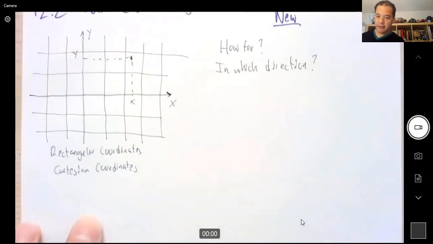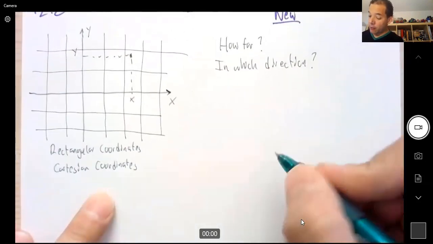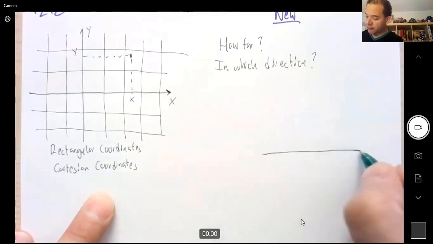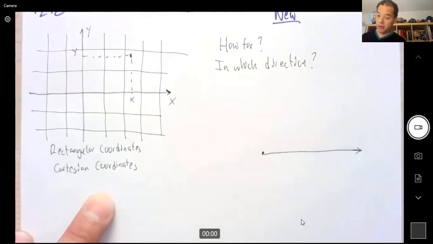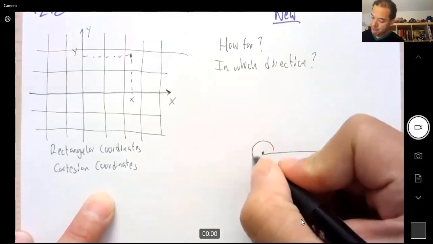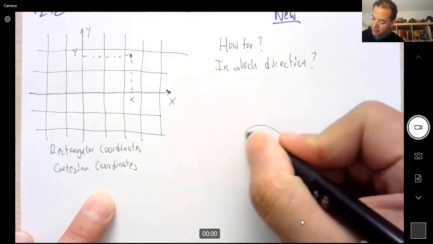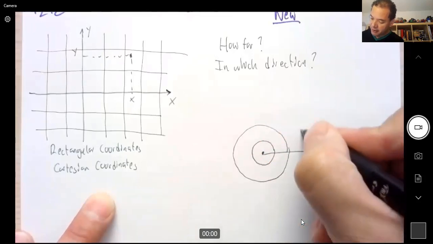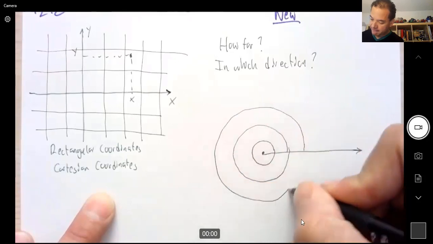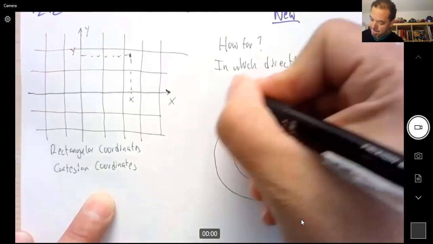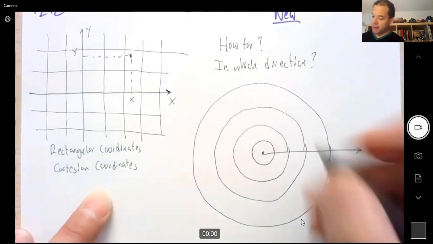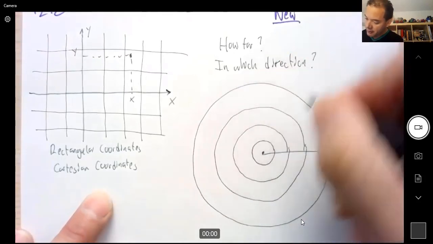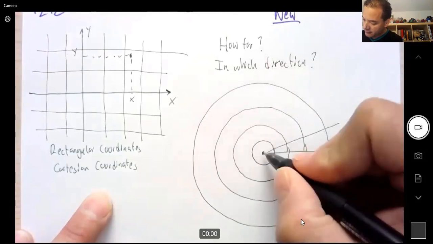All right, and so the way to think about it is as follows. This time around, how far means from a given center, which we call the origin. How far would tell you at which of these circles you would find it, right? And in which direction would tell you in which of these rays.